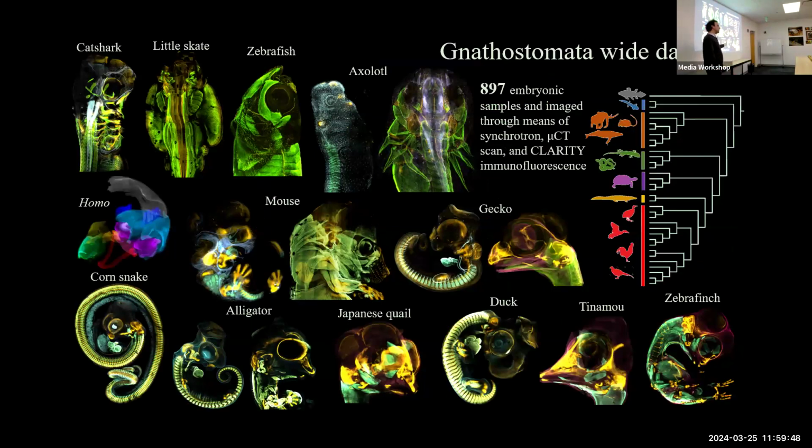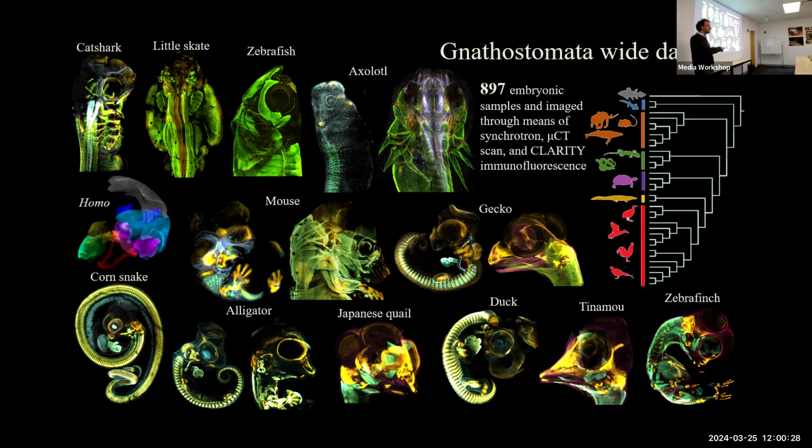And so if we do this, including CT scan, synchrotron, and CLARITY and immunofluorescence across the tree of life, at this point we can actually infer how development influences evolution from a mechanistic level, which is something that is not possible just looking at modern diversity and the fossil record, just because we have to understand what are the constraints in development that dictate the rules of phenotype. And at that point, we can infer why different phenotypes can indeed appear.